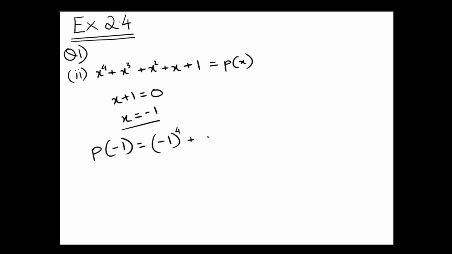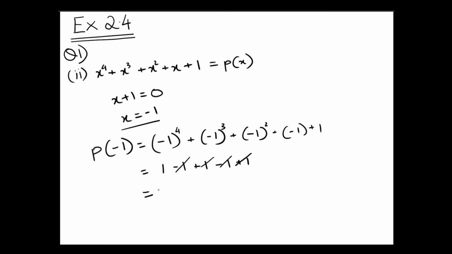So this becomes minus 1 to the power 4 plus minus 1 cube plus minus 1 square plus minus 1 plus 1. This becomes 1 minus 1 plus 1 minus 1 plus 1. Here we're left with the number 1. Since the remainder is not equal to 0, we can say that x plus 1 is not a factor of this polynomial.